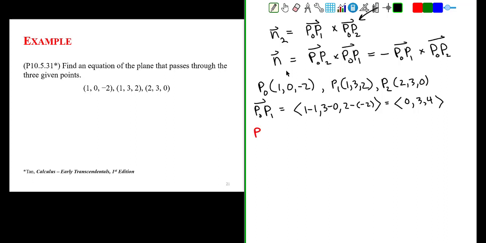The vector P0 to P2 is given with components based off of the differences in the x, y, and z coordinates of our points.